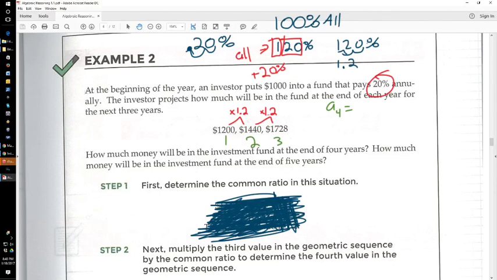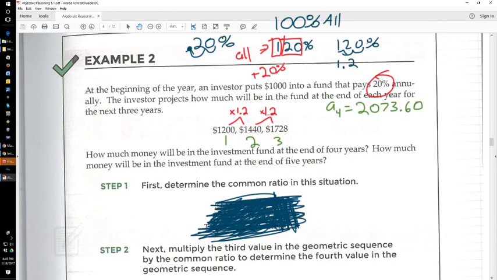All right. And if you stuck that in your calculator, you got 2073.6. And since we're dealing with money, we'll give it 2 decimal points. You know, that's why we have the dollar sign. So that's A sub 4. So that's after 4 years.